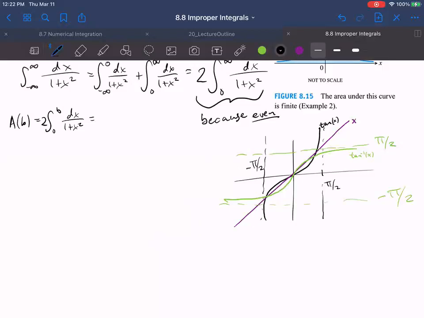Anybody else? What's this integral equal? I think we should know based on what I was just drawing out there. But what is the integral of 1 over 1 plus x squared?